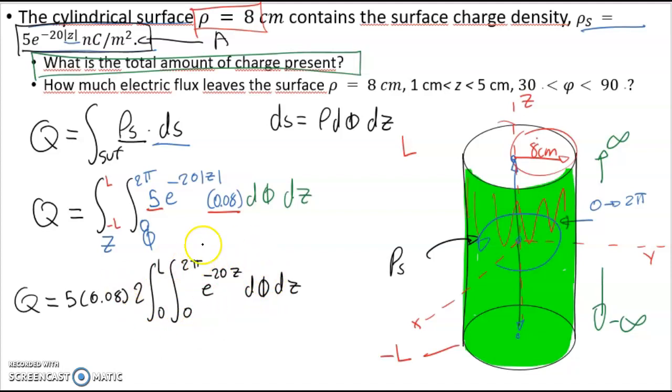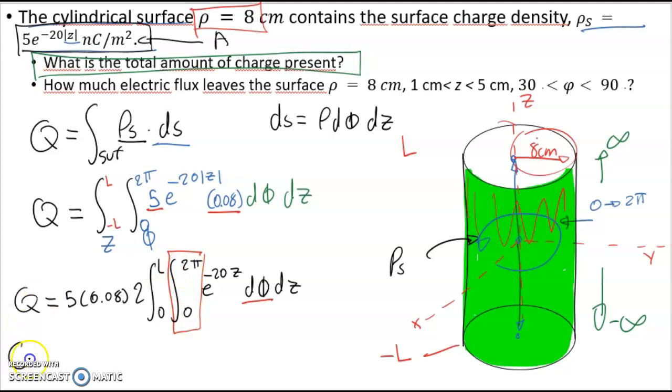One more thing. We have the integration from 0 to 2 pi of d phi. However, we don't have any phi variable here, so the integration of this is going to deliver phi evaluated from 0 to 2 pi.